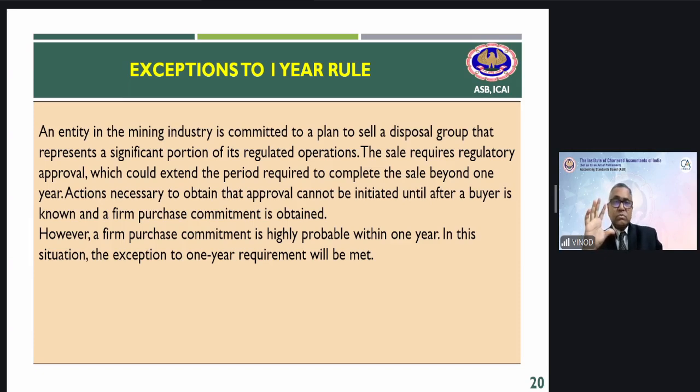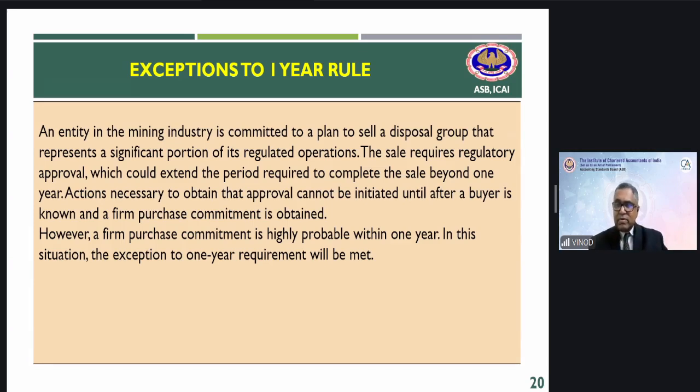But please note, this is also a case where Ind AS 105 can be manipulated. You know that this regulatory approval you will never get because you have a serious pollution problem, or you are built next to a river where government forbids you from constructing near the river.